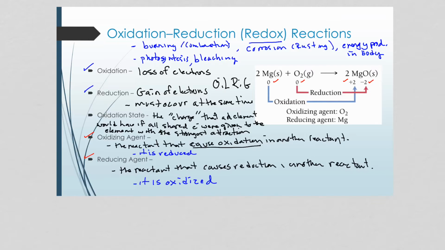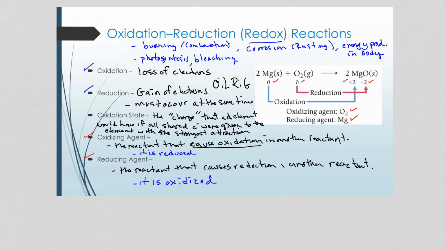And so magnesium is oxidized, oxygen is reduced, so the material that is reduced is the oxidizing agent. So O2 becomes the oxidizing agent, and solid magnesium, which was oxidized, becomes the reducing agent.